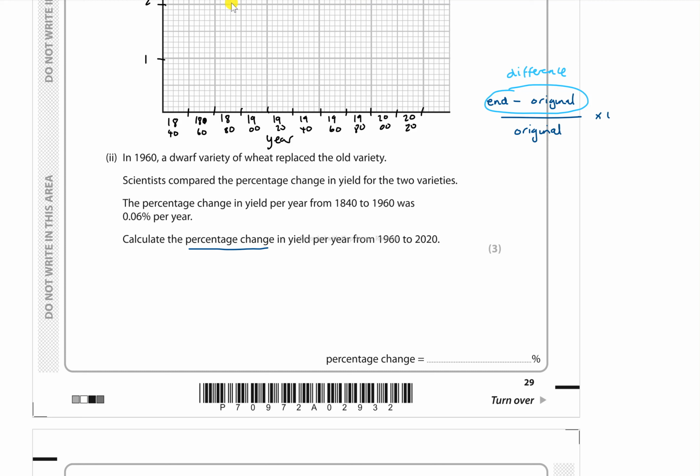Right, and then times it by 100. So them two, that was 2.8 and this was 6.7. So you do 6.7 minus 2.8 over 2.8 times 100. And then show another step. 3.9 over 2.8 times 100 equals 139.3%.